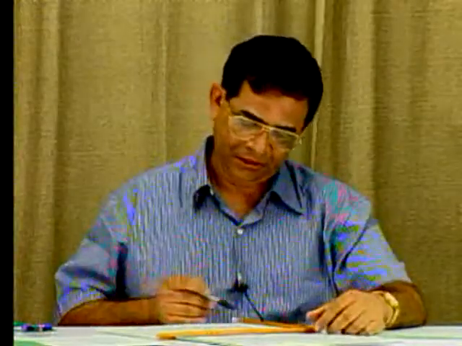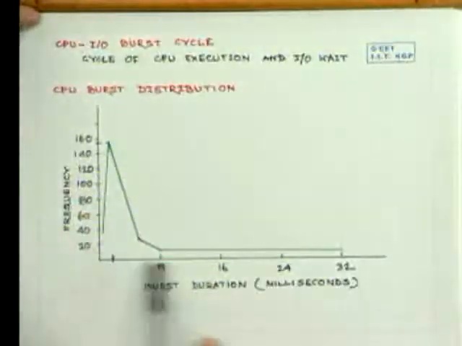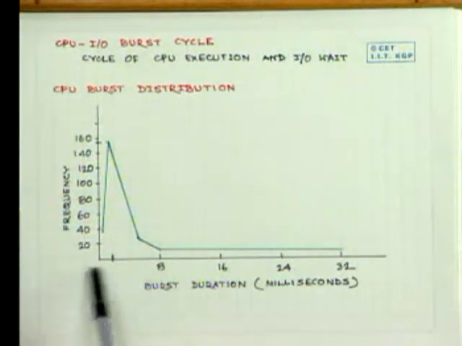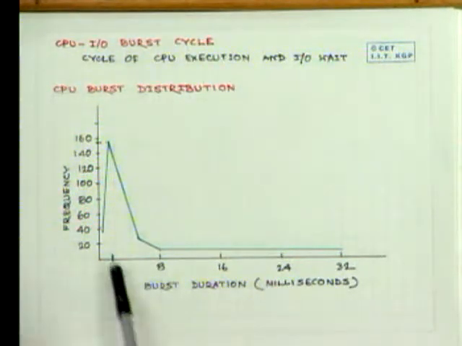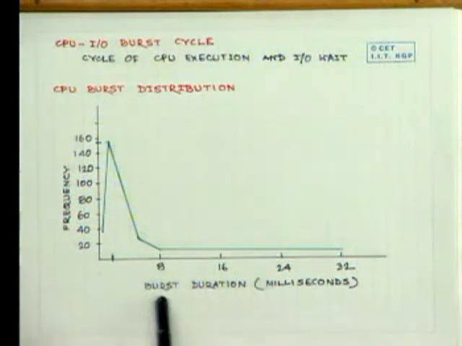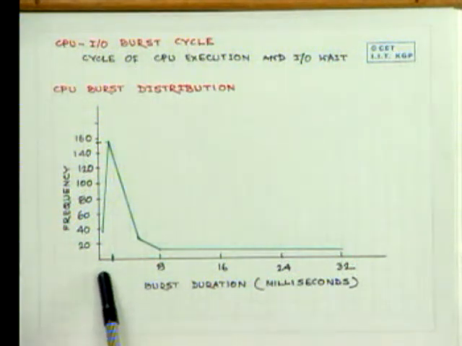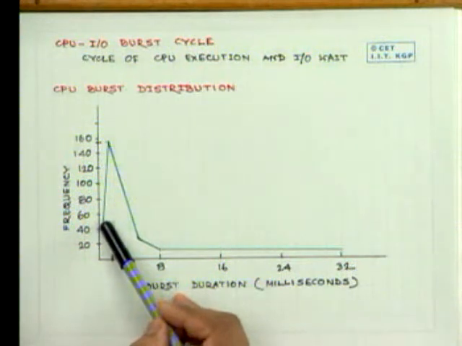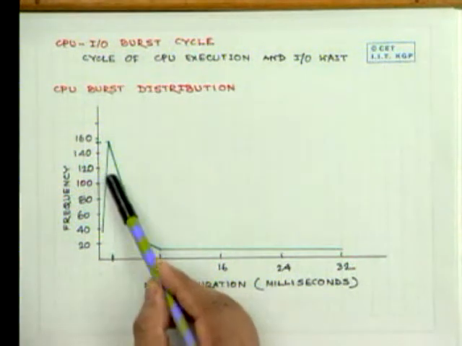Right now, here we have shown a picture where the frequency of processes, in terms of the burst duration, has been shown. The burst duration has been shown in milliseconds. As is seen, as the burst duration increases, the number of processes that have this burst duration increases.